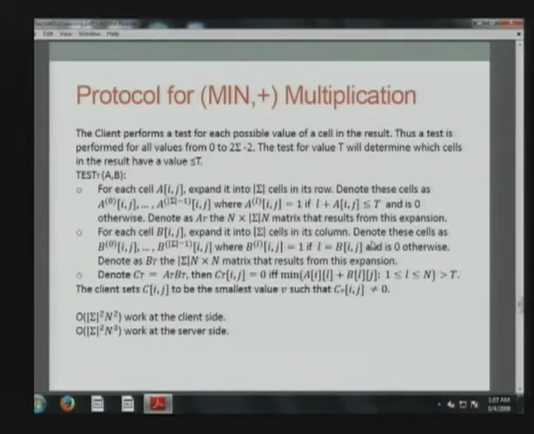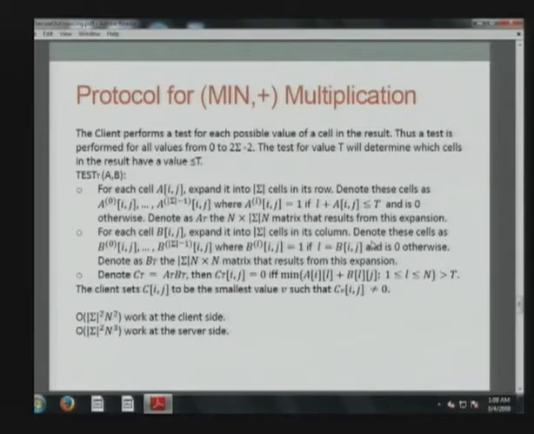For each cell in A, we expand it into a row vector of length sigma, so this is just written as a vector of size sigma.